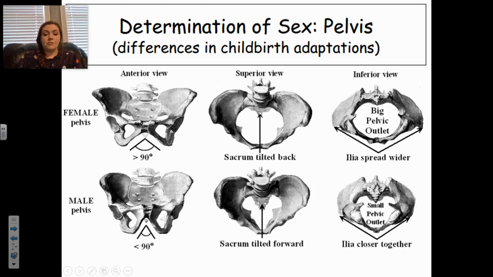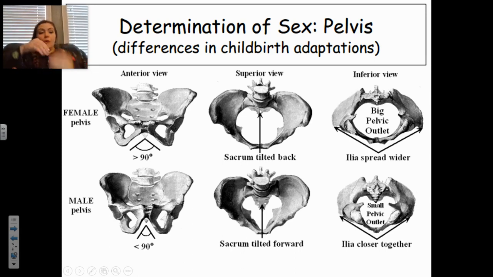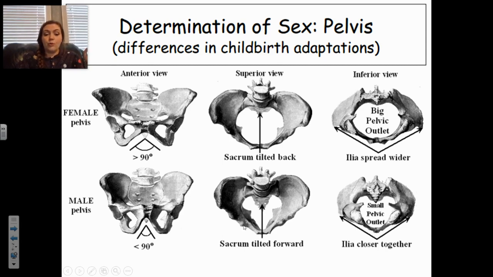And the sacrum, that backbone, that butt bone behind us, is tilted backwards on a female, so it's out of the way for childbirth. For a man, that bone will be tilted inward because it doesn't really matter. So you can't really see the sacrum poking through as much in the inlet, but for a man, you can see it. Notice this is much wider, more oval, and the man's is more heart-shaped. And then obviously bigger and smaller.